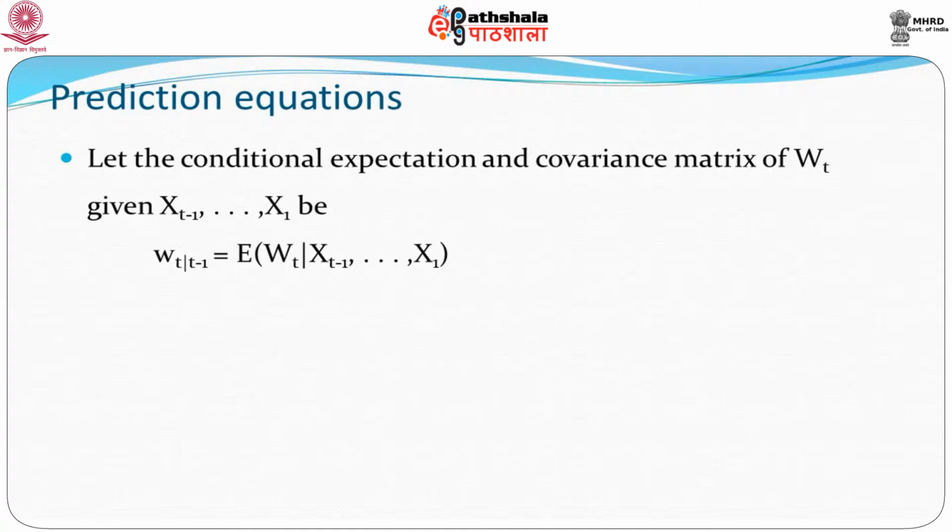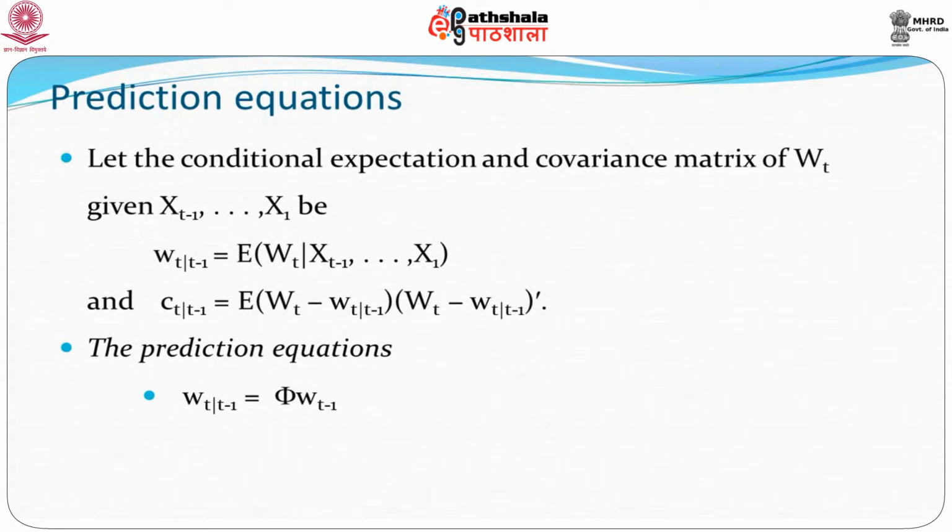Next, let the conditional expectation and covariance matrix of W t, that is the latent variable, given the past values of the observed series x t minus 1 to x 1, be W t given t minus 1.